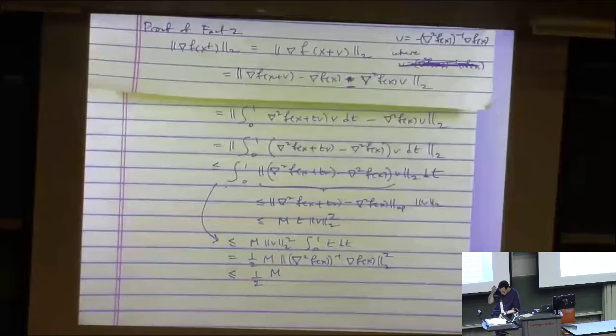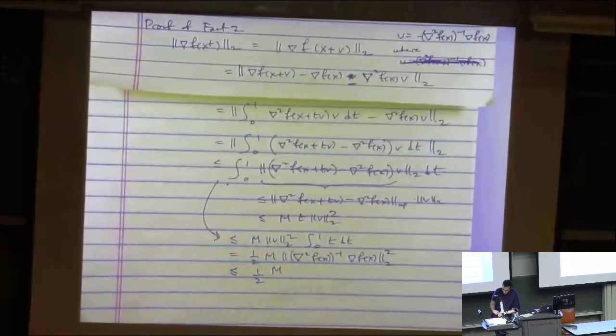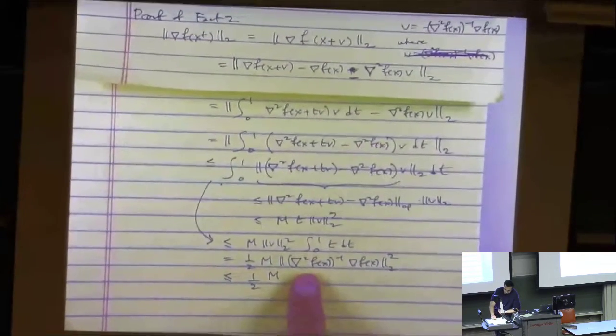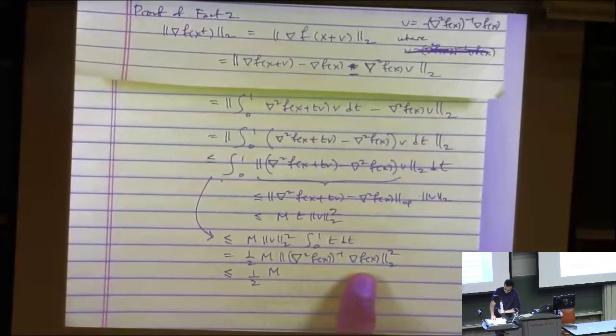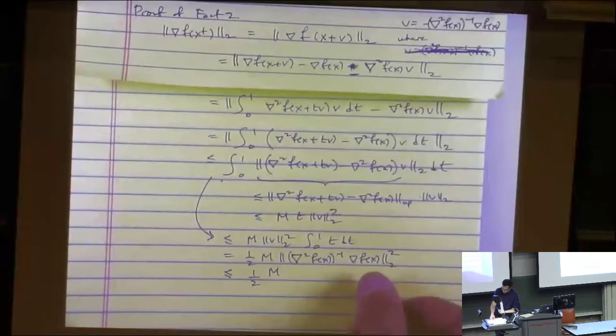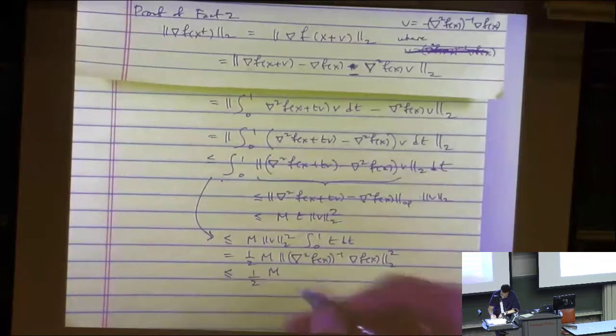So I can write this again as, let's say, the operator norm of the Hessian inverse times the gradient of f of x squared.